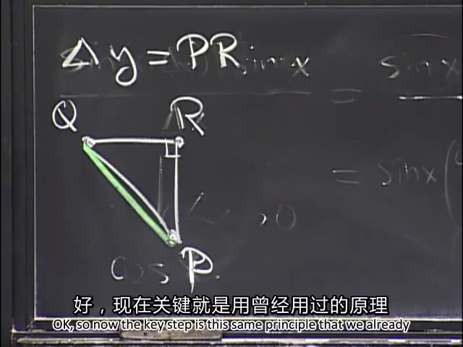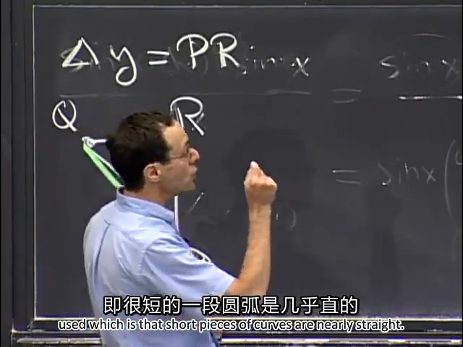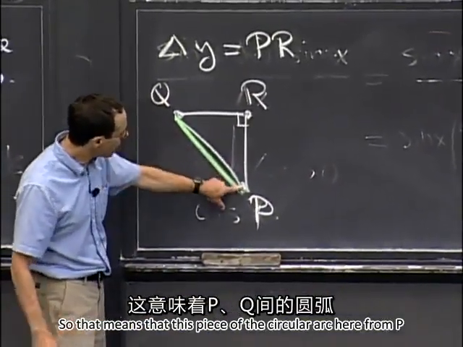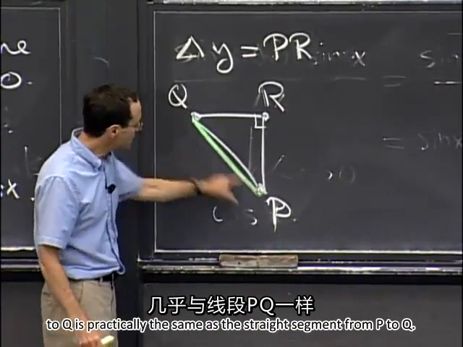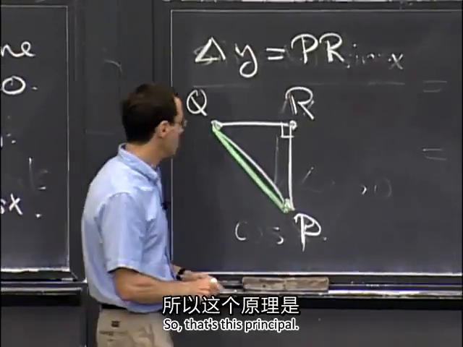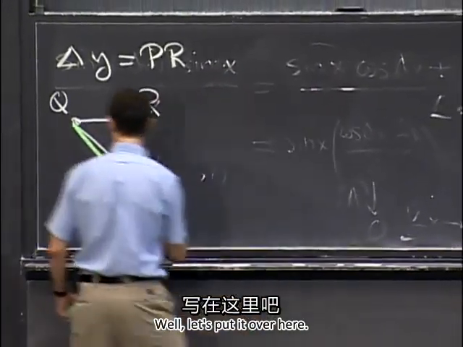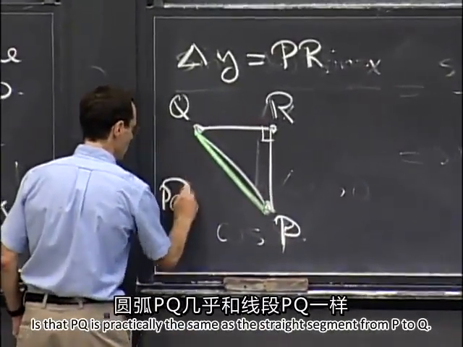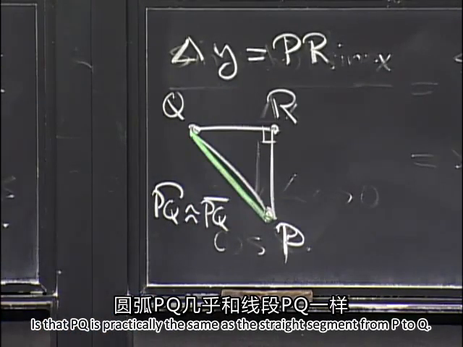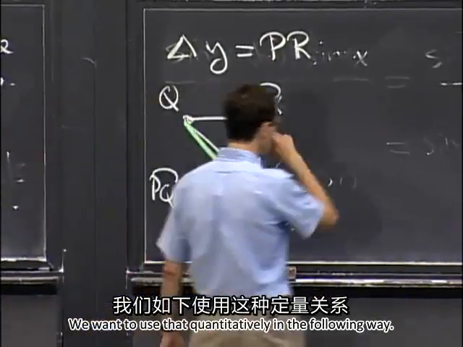Okay, so now the key step is this same principle that we already used, which is that short pieces of curves are nearly straight. So that means that this piece of the circular arc from P to Q is practically the same as the straight segment from P to Q. We want to use that quantitatively in the following way.